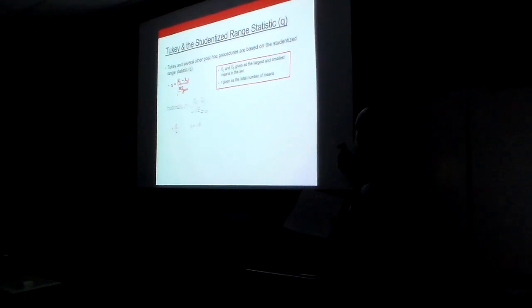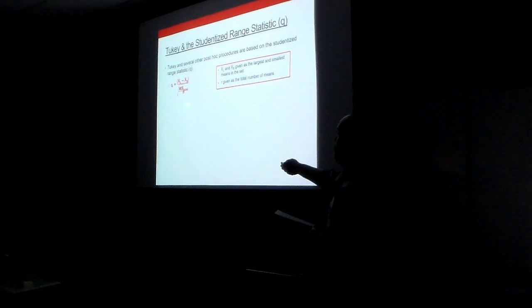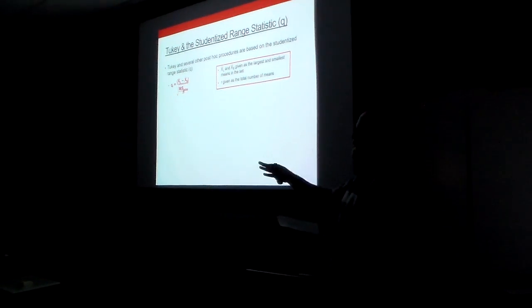Okay? So what you would do for Tukey tests is calculate your test statistic, and then compare that against a critical value pulled from your table. Okay? So let's say I have 4 means, right?